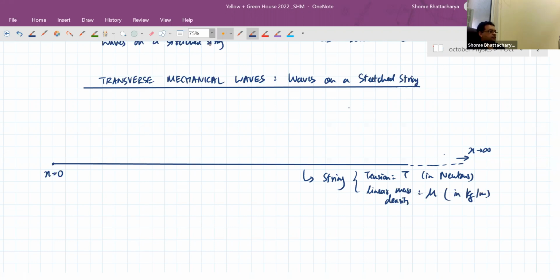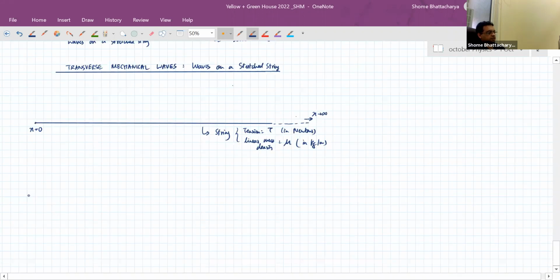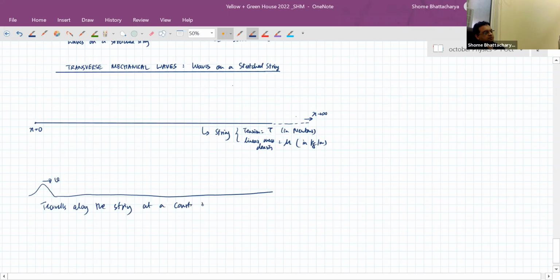Now, if we create any sort of a disturbance in the string, like we create a pulse like this by plucking one end of the string, what we observe is that this pulse travels along the string at a constant speed. A simple experimental observation.